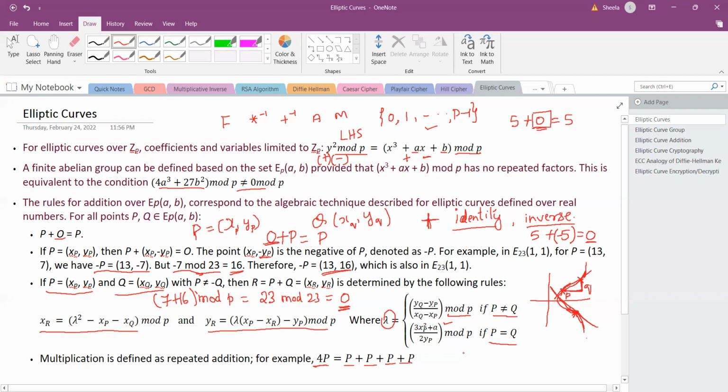For example, if I want to divide 5 by 2, I can represent this as 1 by 2 into 5. So here I get a multiplication operation, and 1 by 2 is nothing but 2 inverse into 5. Now this value is the same as 5 by 2, right?